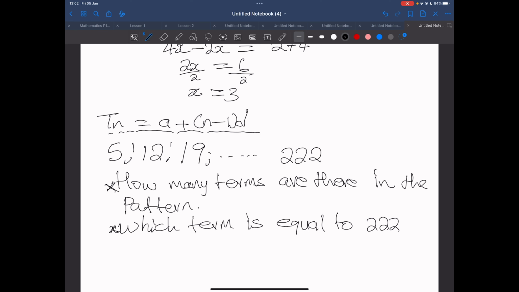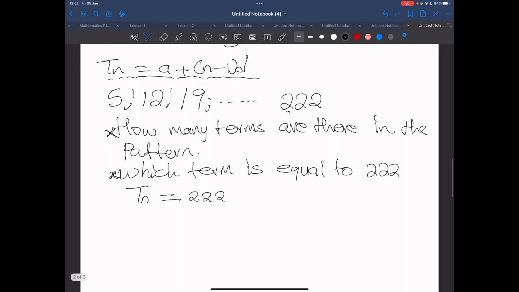We say that this 222 is the nth term, a particular term. At the moment, we don't know which term number it is, but we know it's a certain nth term, because 5 is term number 1, 12 is term number 2, 19 is term number 3, but we don't know which one this is. So we say term n is 222.